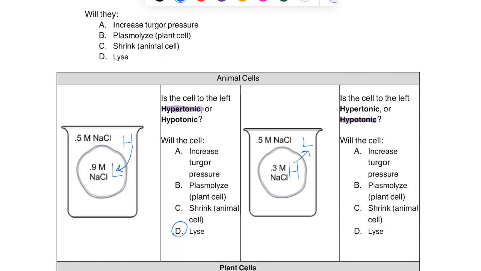Therefore, water is going to exit the cell. And because this is an animal cell, that's going to make the animal cell shrink. And remember, another term for the water exiting the cell, instead of shrink, you could also use the term crenate.